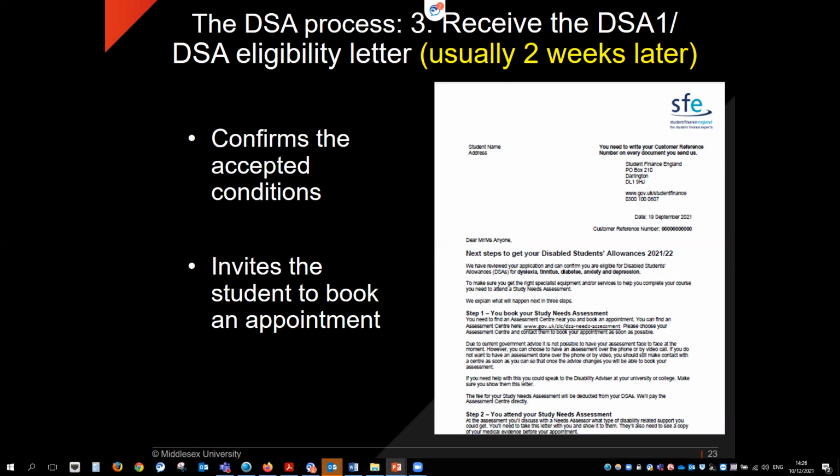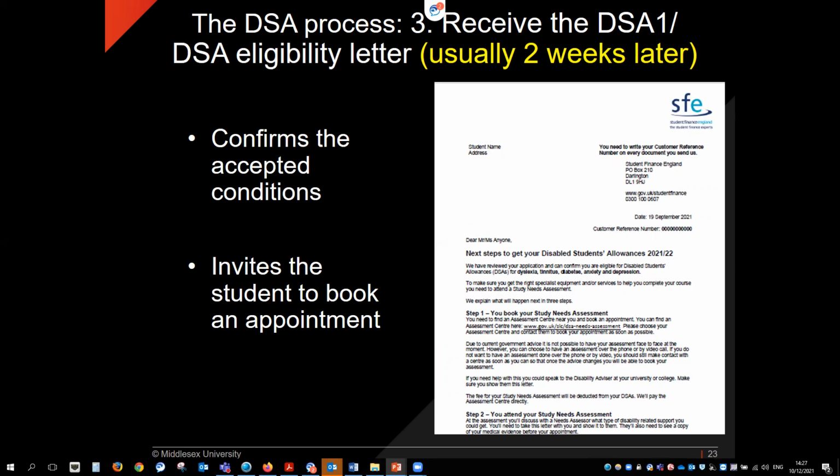And it's important to remember that only the student gets the email, nobody else. So the student needs to be prompted to check whether they've received this approval letter, because without this approval letter, they can't go through to the next stage. The letter confirms the accepted condition.